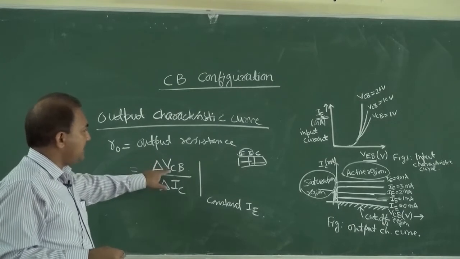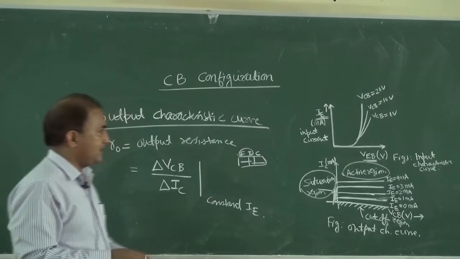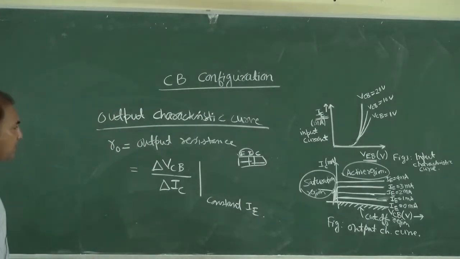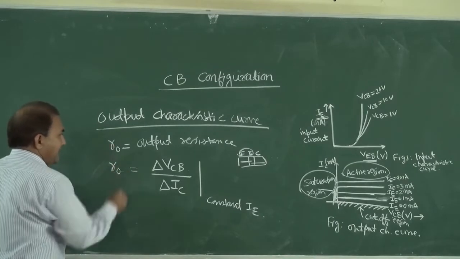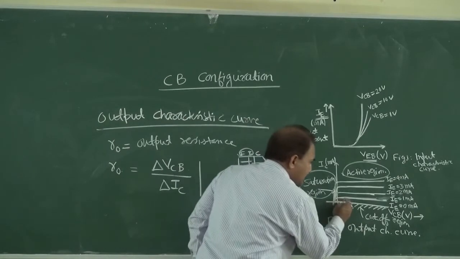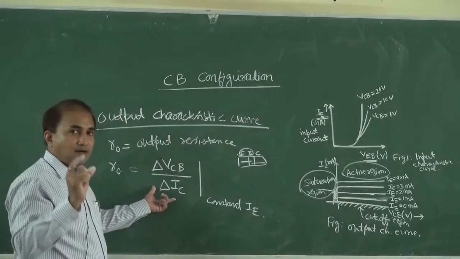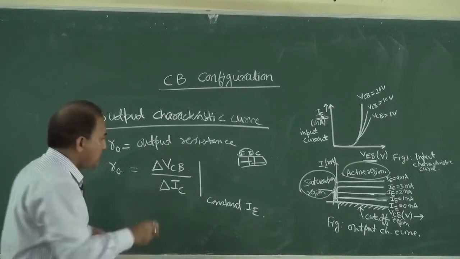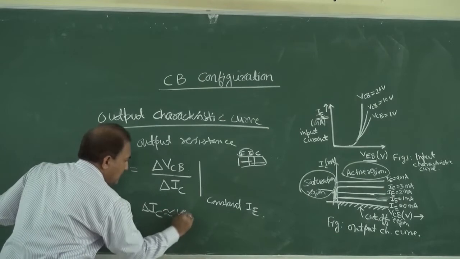It is del VCB by del IC for constant value of IE. Now from this equation, it is evident that for a large change in VCB, IC is almost constant. So del IC is very small.